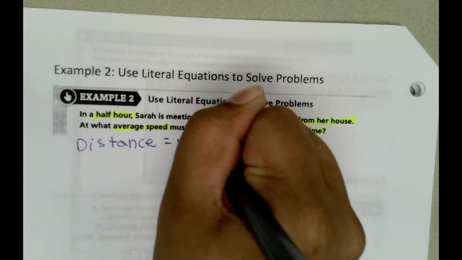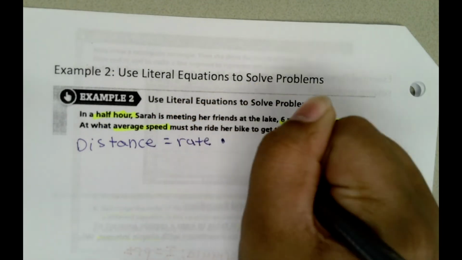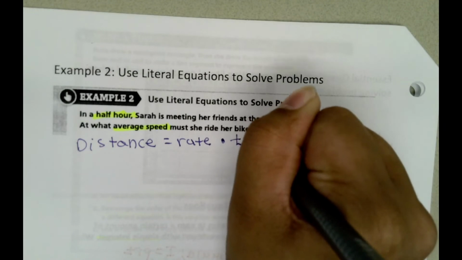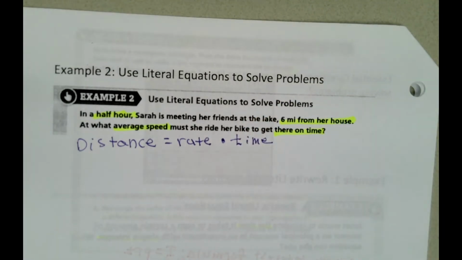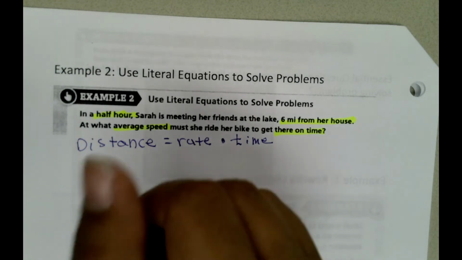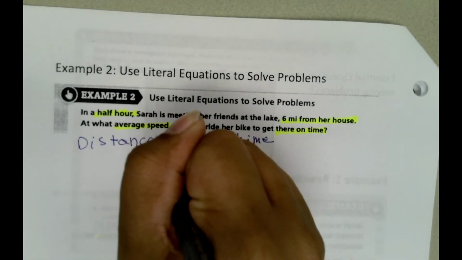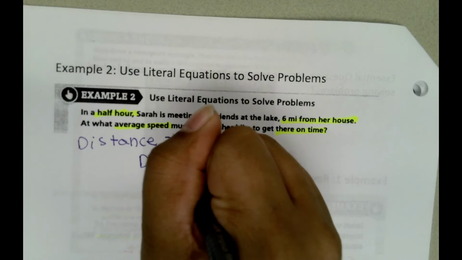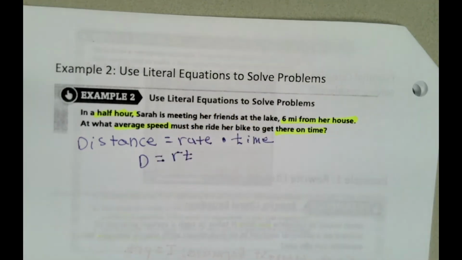Well, it asks for the average speed. Average speed is a rate. So our average speed is considered a rate. Well, okay. So if our average speed is considered a rate, we're trying to get R by itself. So we highlight our R. Well, what's bothering R?